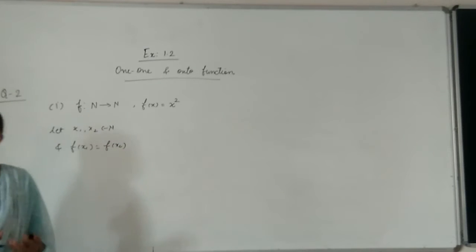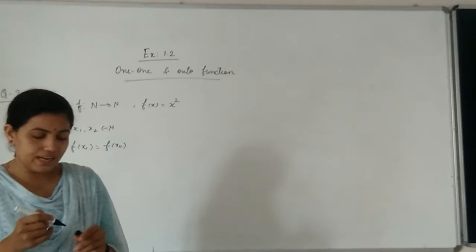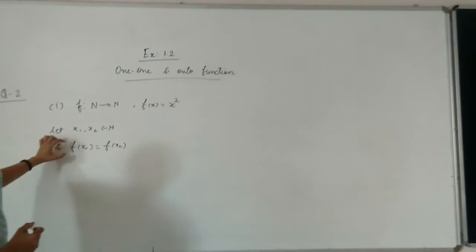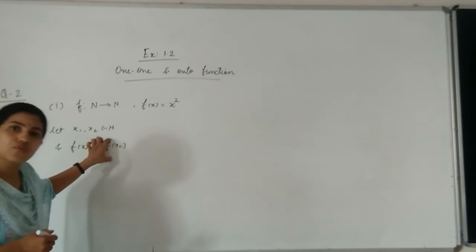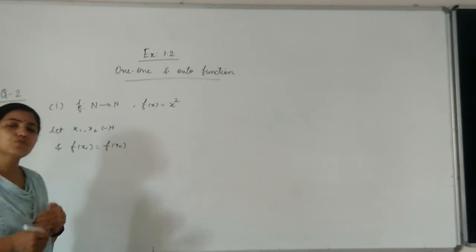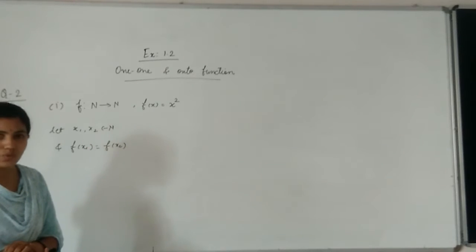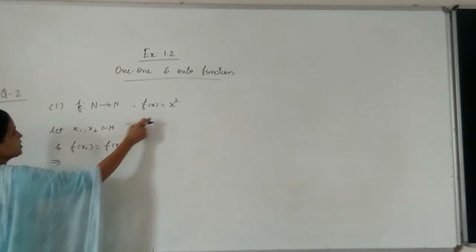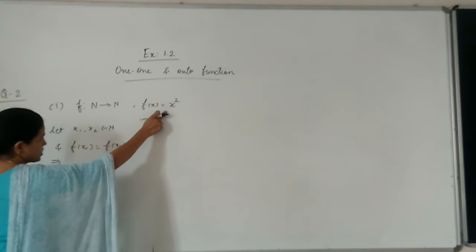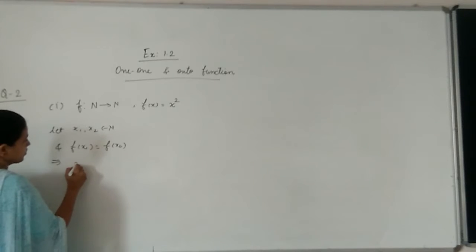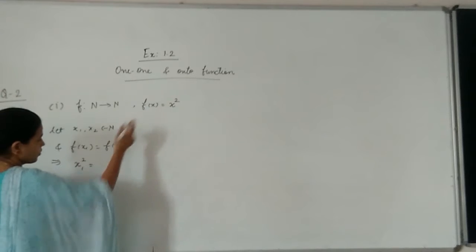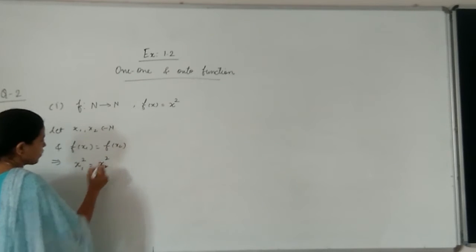We know, students, the definition of a 1-1 function: whenever we have to check 1-1, we take f of x1 equal to f of x2, and then we come to the result that x1 is equal to x2. So what is our function defined as? x square. So f of x1 will be x1 square. Similarly, f of x2 will be x2 square.